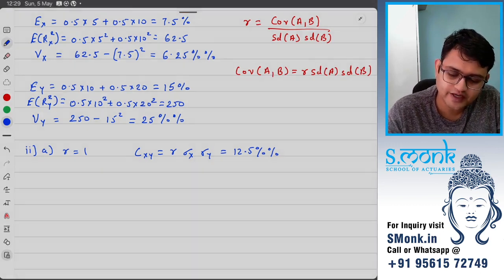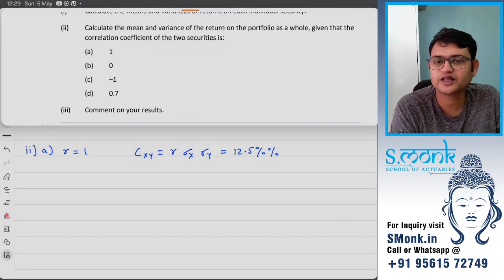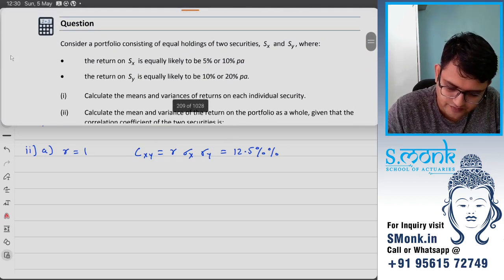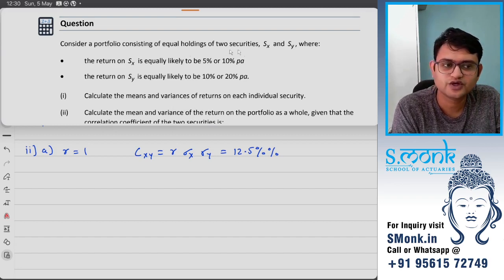One more thing that I would like to know is what are our XAs and XBs. So they are saying calculate the mean and the variance of the return on the portfolio as a whole, given the correlation coefficient of the two securities. How much did we invest? They are saying equal holdings of two securities.